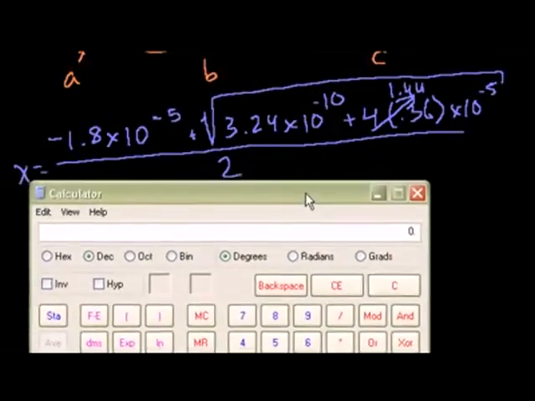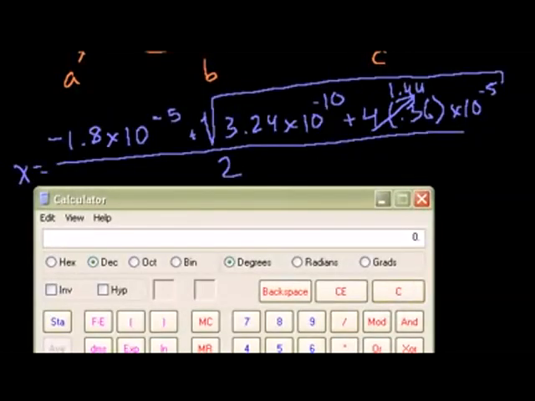So let's see, I have 3.24 times 10 to the minus 10, that's that, plus 1.44 times 10 to the minus 5 is equal to that. So that's this whole thing under the radical, and I want to take the square root of that, so that is to the 0.5 power.